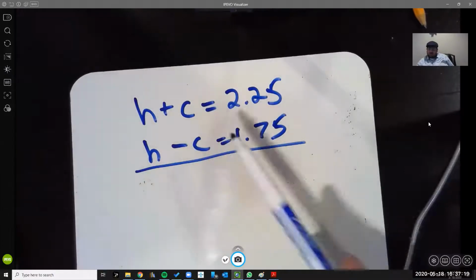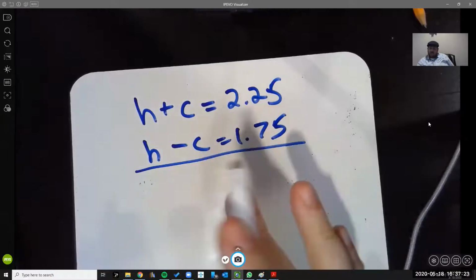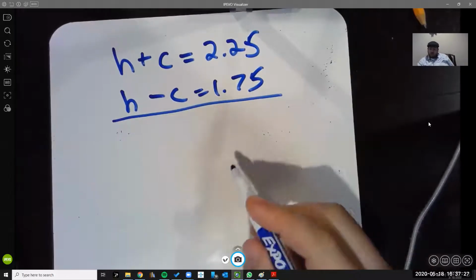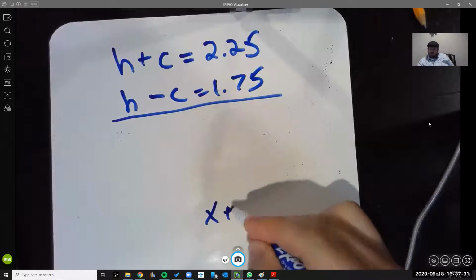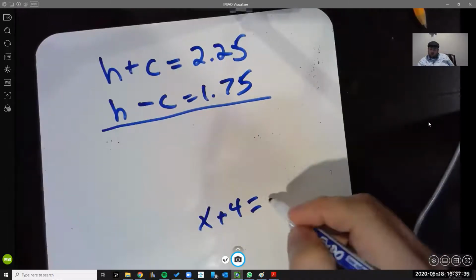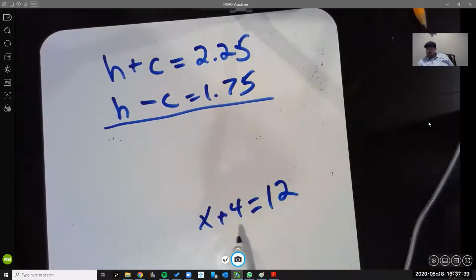Remember that if I had something that said x plus 4 equals 12, I can do whatever I want to both sides of that equation, can't I?